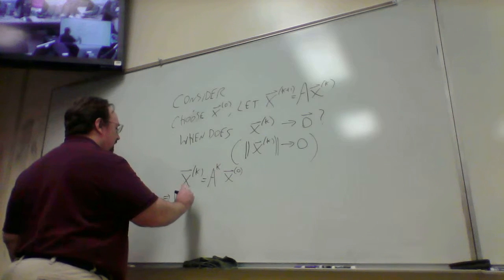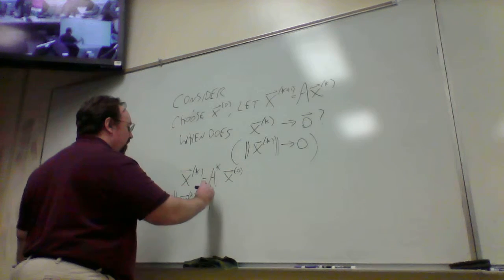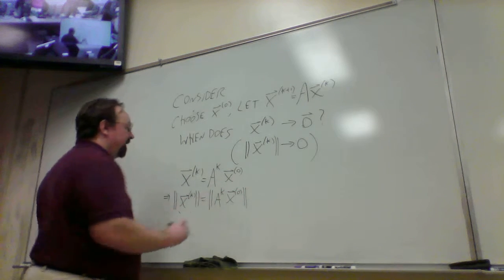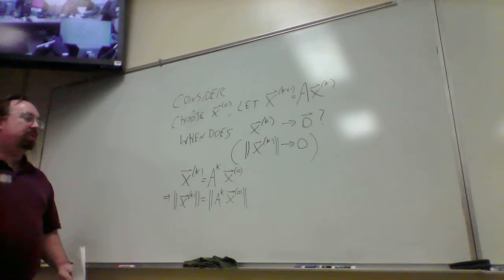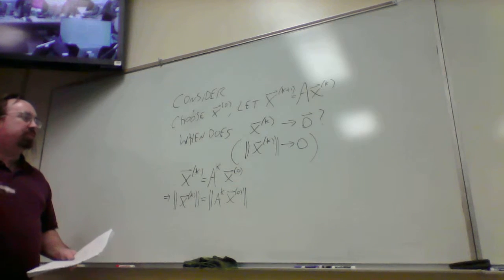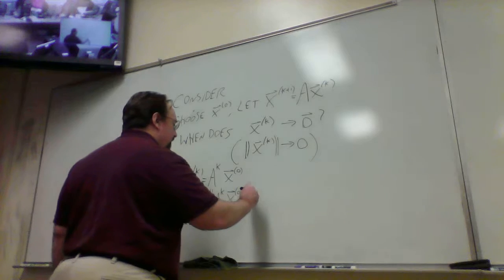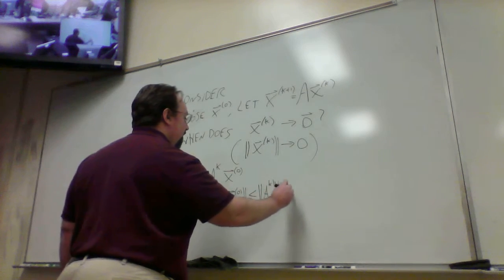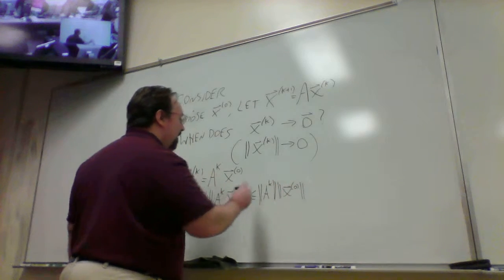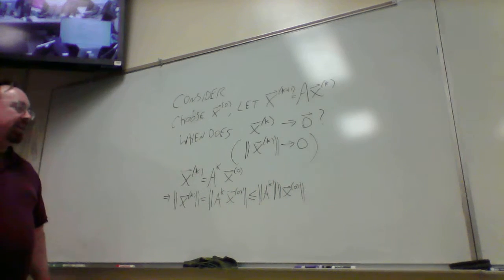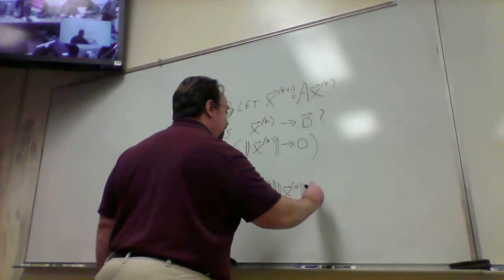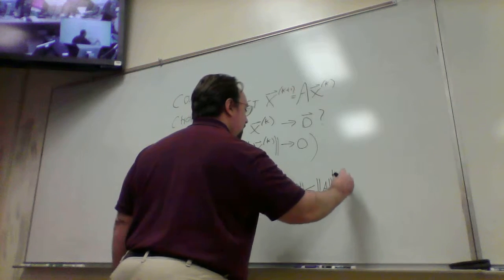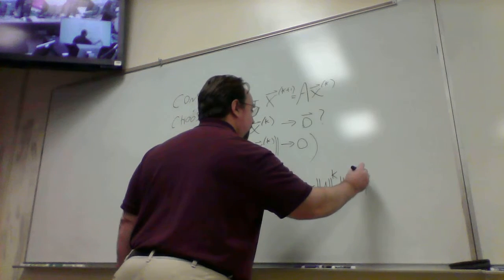That's going to be the norm of A to the k x naught. But using the submultiplicative property of matrix norms, this is less than or equal to the norm of A to the k times the norm of x naught. And then I can use that same property to conclude that this is less than or equal to the norm of A raised to the k power times the norm of x naught.